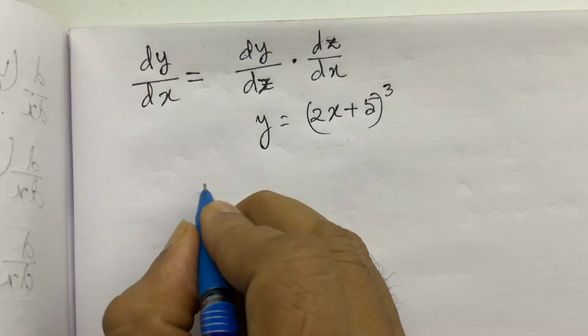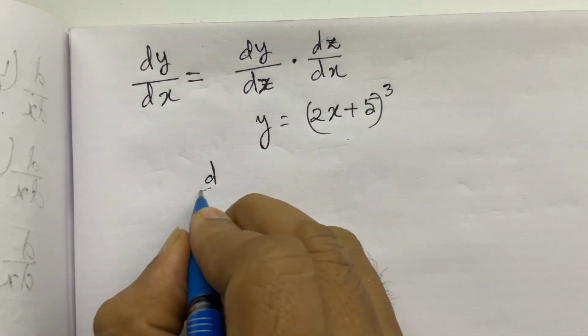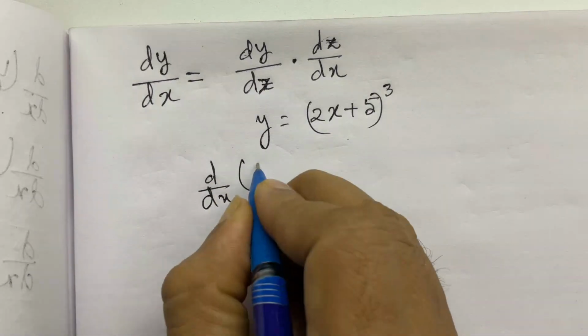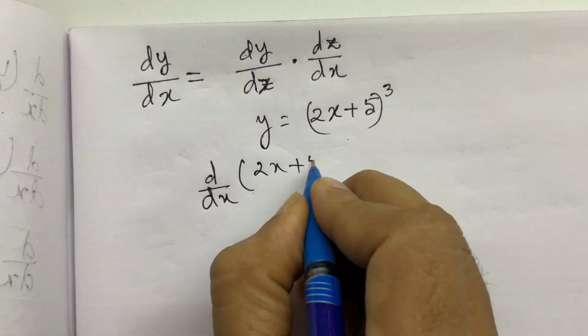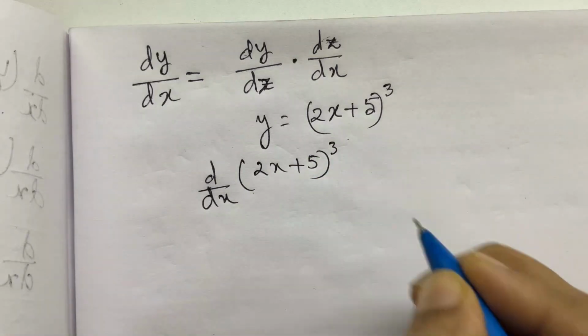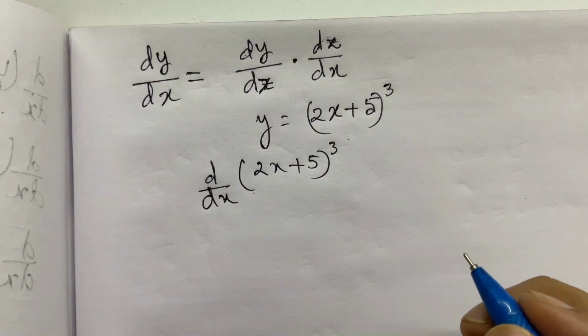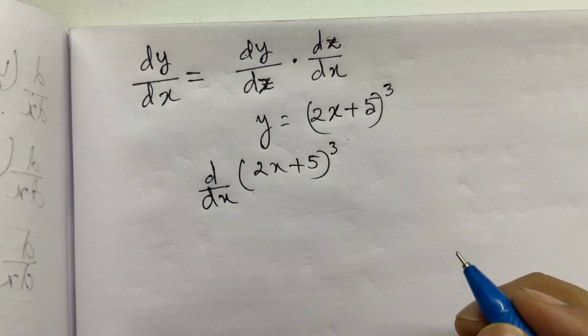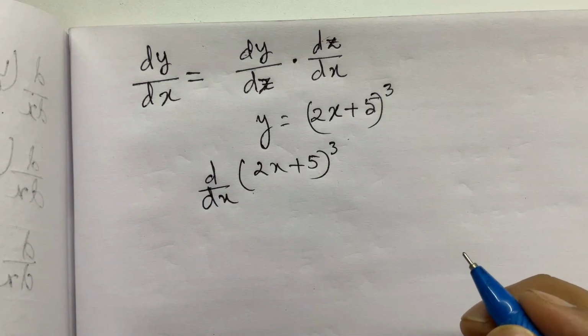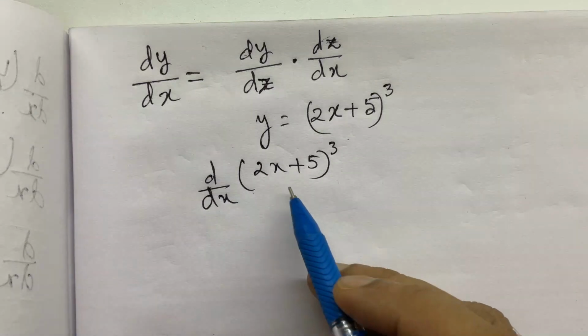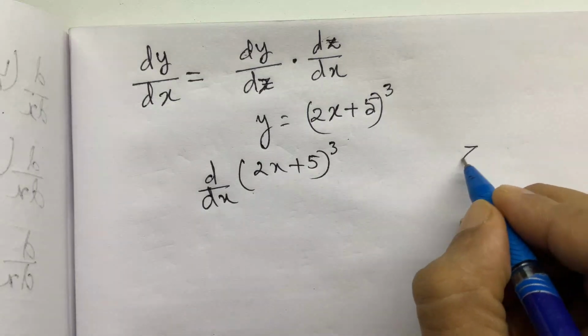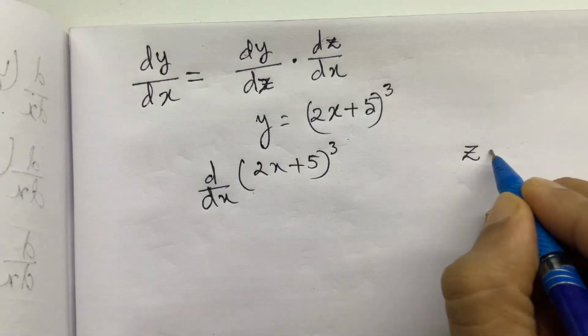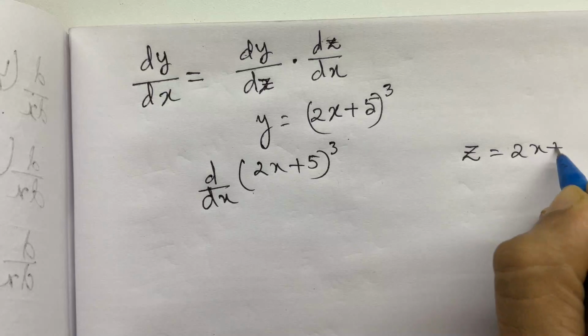So if you apply d/dx of (2x plus 5) cubed, actually there is no such formula, because this is not x to the power n. Though it looks like x to the power n, it's not exactly the x to the power n formula. So what you can do here is say z equal to 2x plus 5.